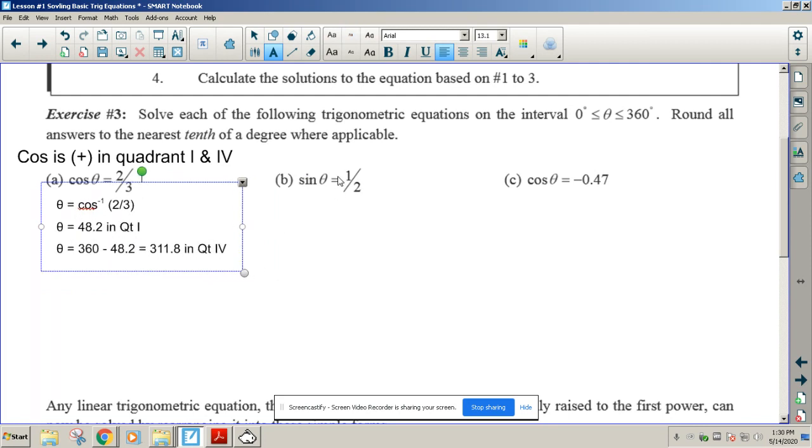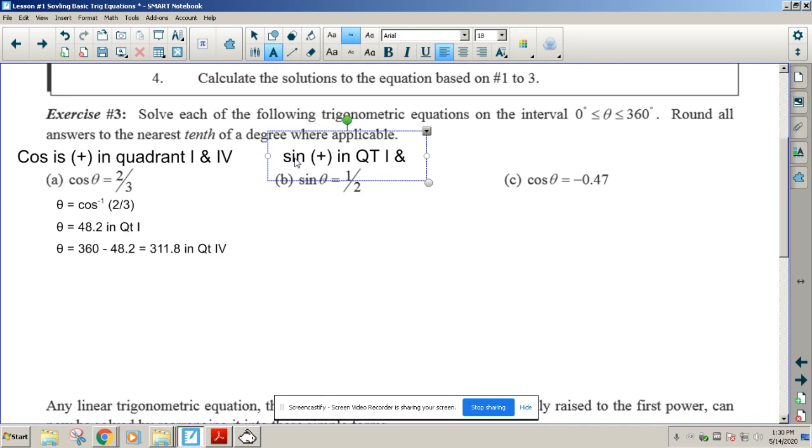Sine is positive, so this is going to tell me that sine is positive in quadrant 1 and 2.